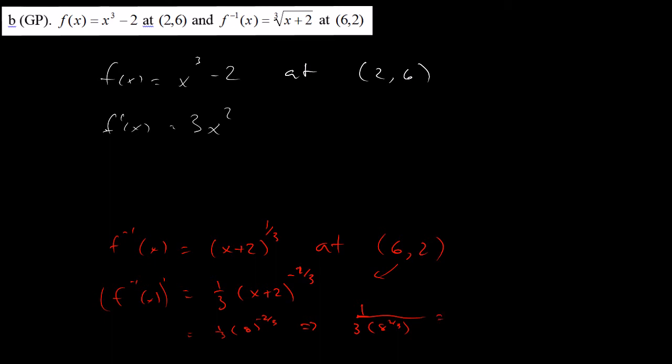It's going to be a number, and in fact, if we plug in 2 here, we're going to get 3 times 2 squared, which equals 3 times 4, which equals 12. So I'm just going to go out on a limb and say this is 1/12. Hey, look at that. These are reciprocals.